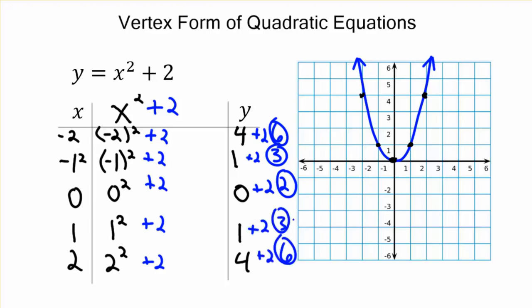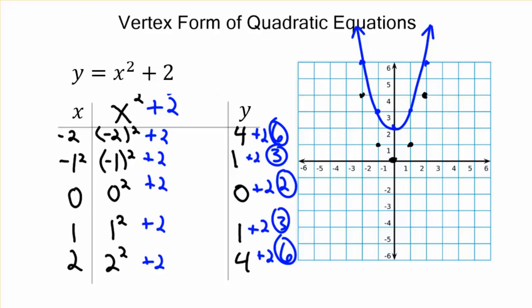All of our y's, we've added 2 to them. So it's going to move everything up 2. Every point gets moved up 2. So our entire parabola and the vertex and everything is just going to slide up 2. Our y-coordinate just went up 2. It's not a big deal.